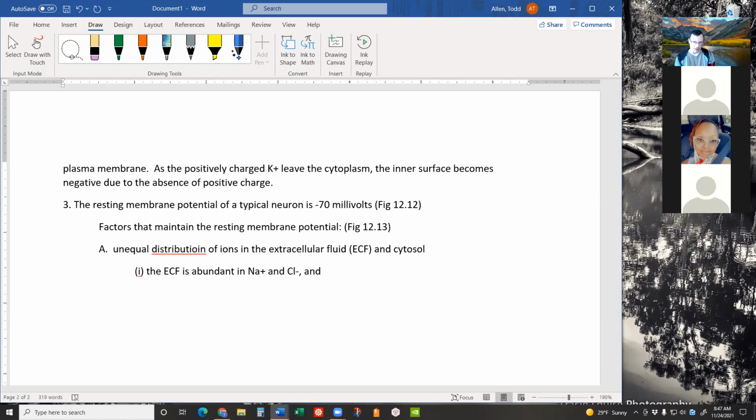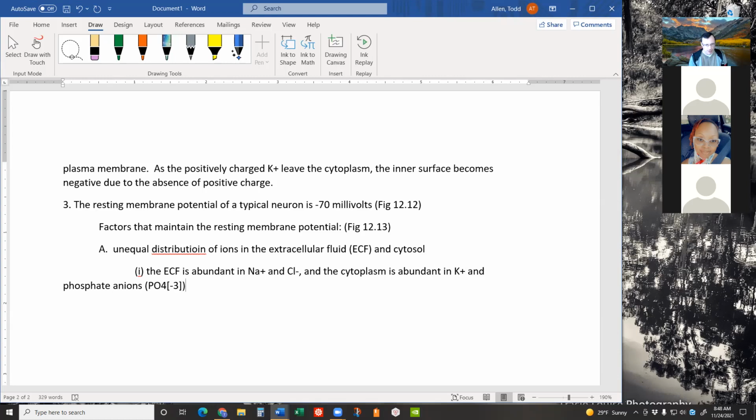And the inside of the cell, the cytoplasm, is abundant in potassium ions and negatively charged anions, of which one very common type would be phosphate groups, the PO4-3 groups that you see drawn.